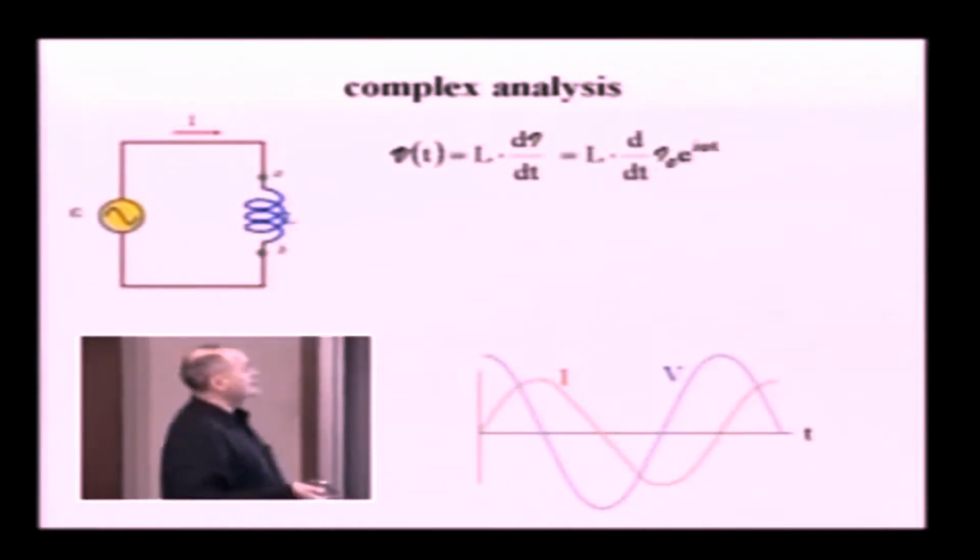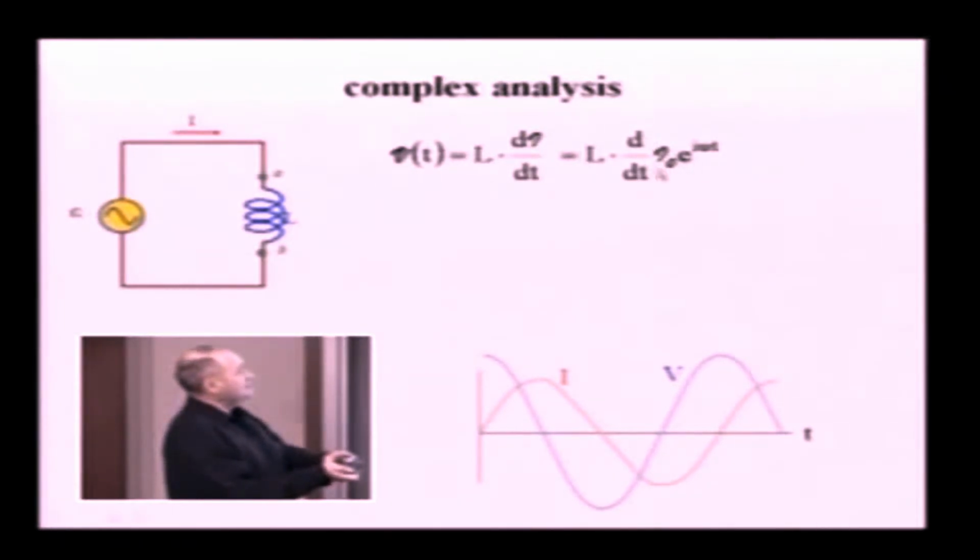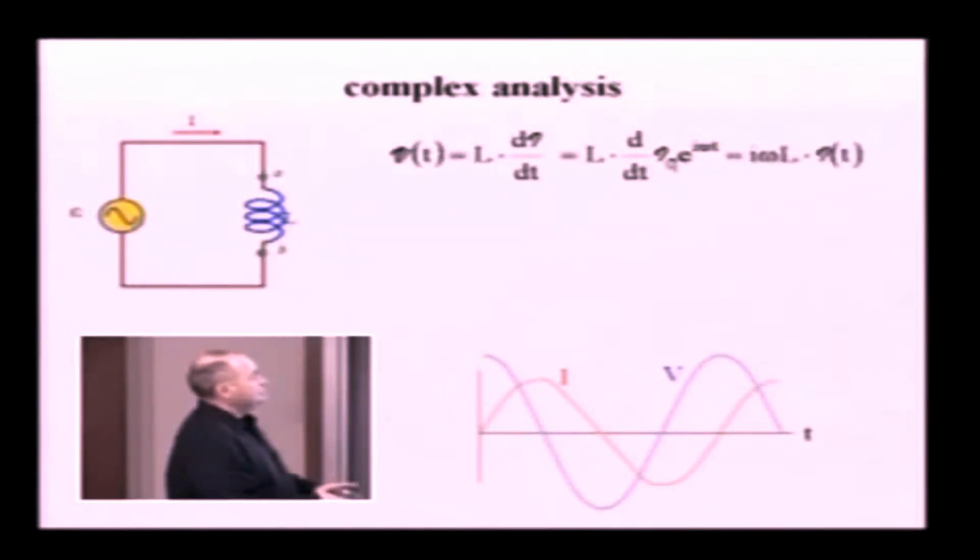Alright, and let's now say that I take this complex current. I will write the complex current as a complex amplitude of the current multiplied by e to the i angular frequency times time. Well, this is a certain constant. I can take it in front. Derivative of exponential function is still a composite function.